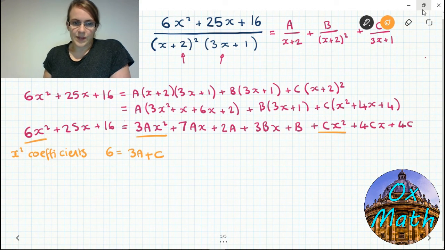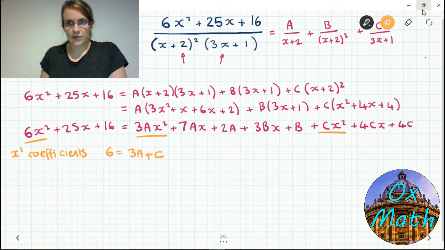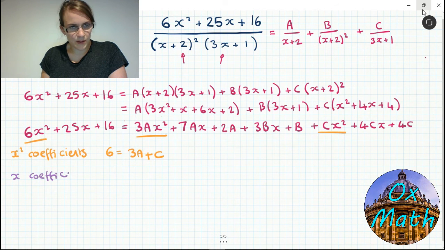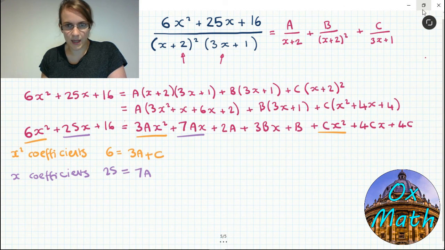So I can't solve this yet because I don't know either a or c, so I'm going to carry on and evaluate my next coefficients. So for my x coefficients, I've got 25 on my left hand side, and that must equal all the x's on my right hand side, so 7a plus 3b plus 4c.